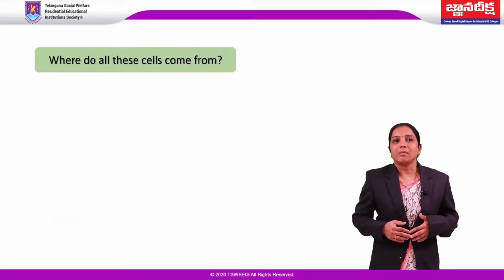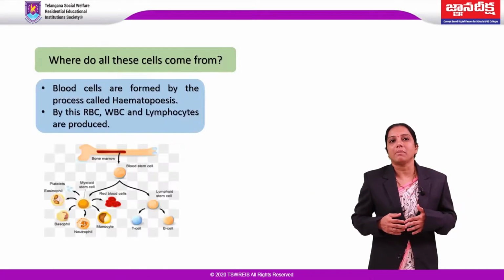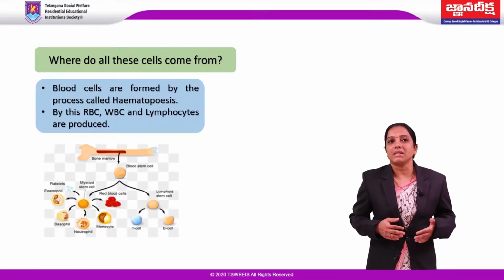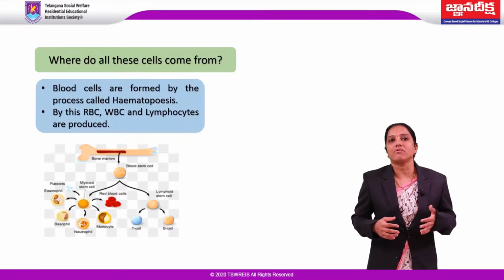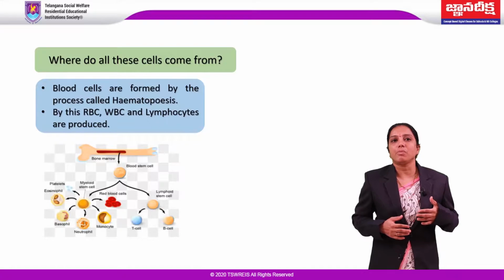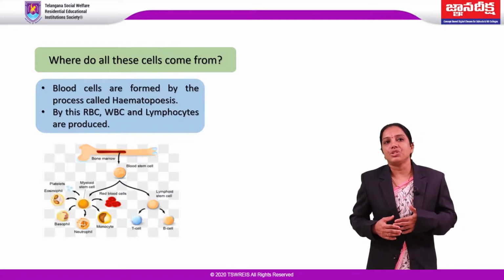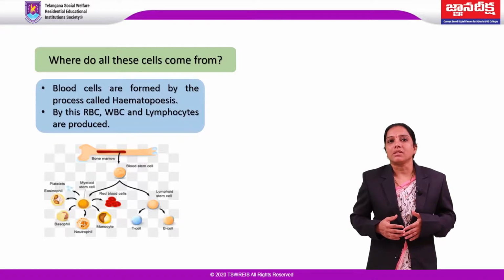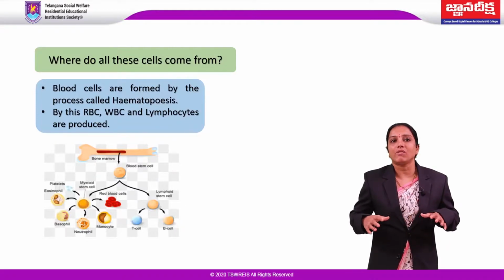All blood cells are produced by a process called hematopoiesis, by which RBCs, WBCs and different types of lymphocytes are produced. Normally, in a healthy human adult, approximately 10 to the power of 11 to 10 to the power of 12 new blood cells are produced each day. Hematopoiesis maintains this steady level of cells in the peripheral circulation.